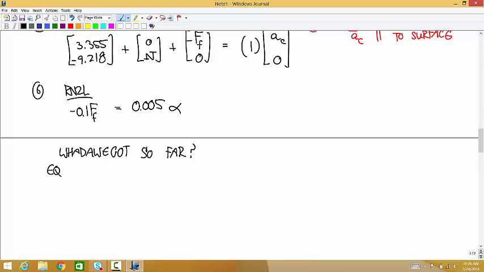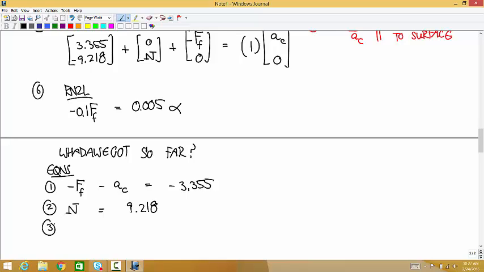So our equations: the first one says negative FF minus AC is equal to negative 3.355. The second equation says N is equal to 9.218.